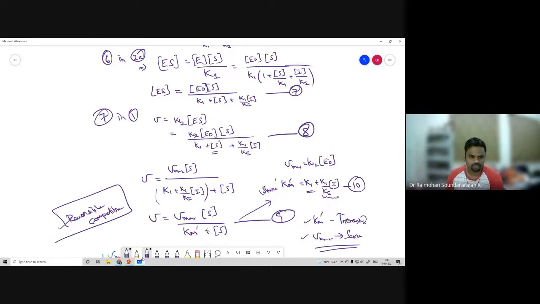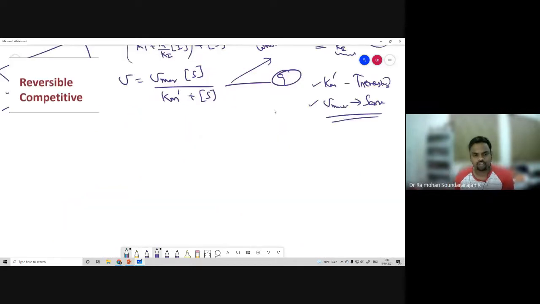When you have a plot, the usual plot, when there is no inhibition, is a kinetics like this. When the inhibitor concentration is equal to 0 and you plot V versus substrate concentration, the Vmax value is obtained here, and we get half of the Vmax. So what you get is usually a hyperbolic curve. But now we are going to get a sigmoidal curve.